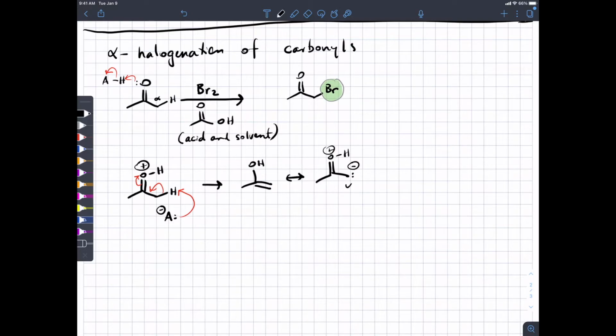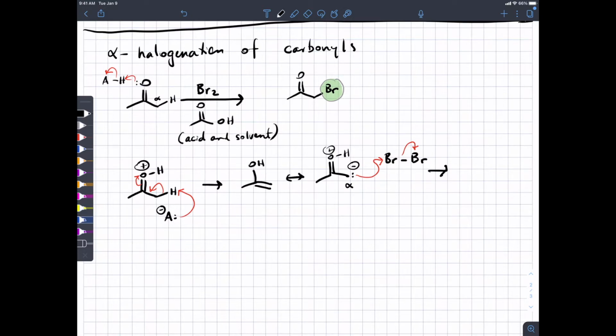Okay, and of course we could draw a resonance structure of the enol that would look like this with a negative charge on the alpha carbon. So at that stage, it's no surprise that when we introduce bromine as an electrophile, the alpha carbon, which is nucleophilic, can attack the bromine-bromine antibonding orbital and break the bromine-bromine bond.